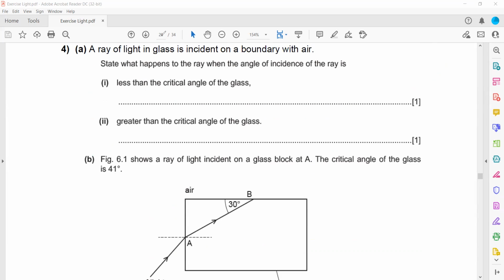In question 4, a ray of light in glass is incident on the boundary. State what happens to the ray of light when the angle of incidence is less than the critical angle.